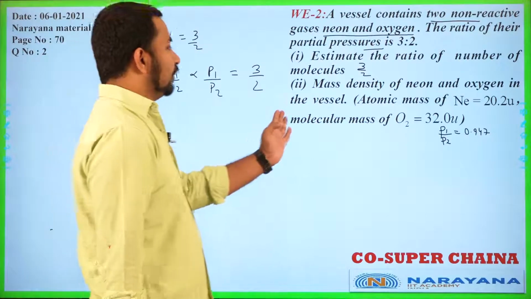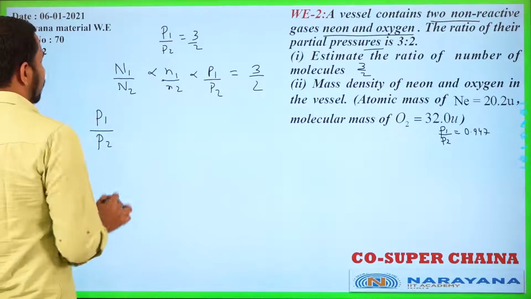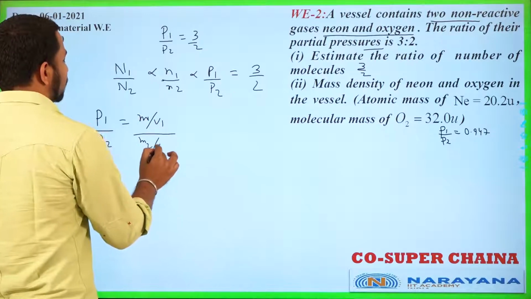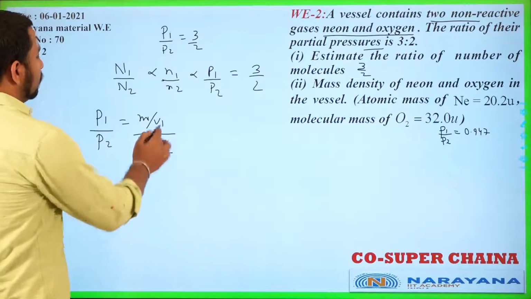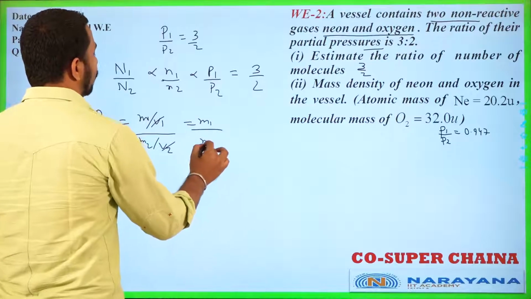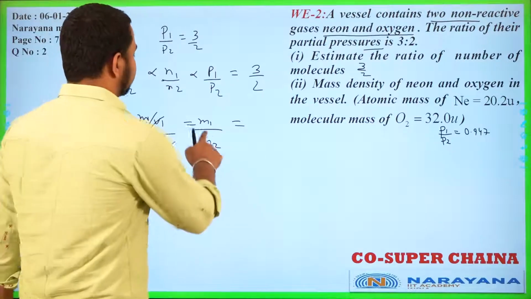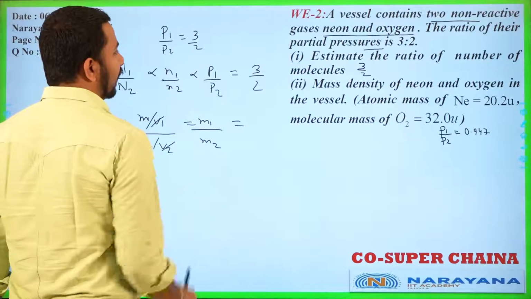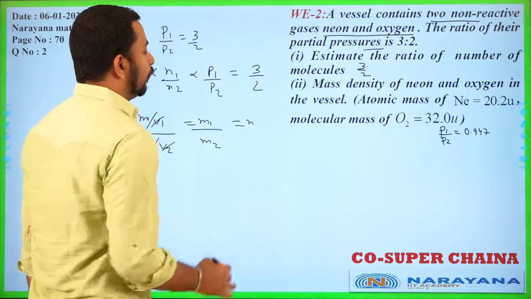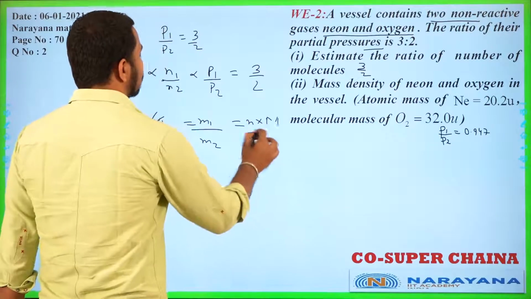Now you have to calculate the mass density of neon by mass density of oxygen. So rho1 by rho2, that is mass by volume, M1 by V1 by M2 by V2, mass per unit volume. Now volumes are given same, so it will depend upon M1 by M2. Now this M can be written as number of moles into molecular mass.